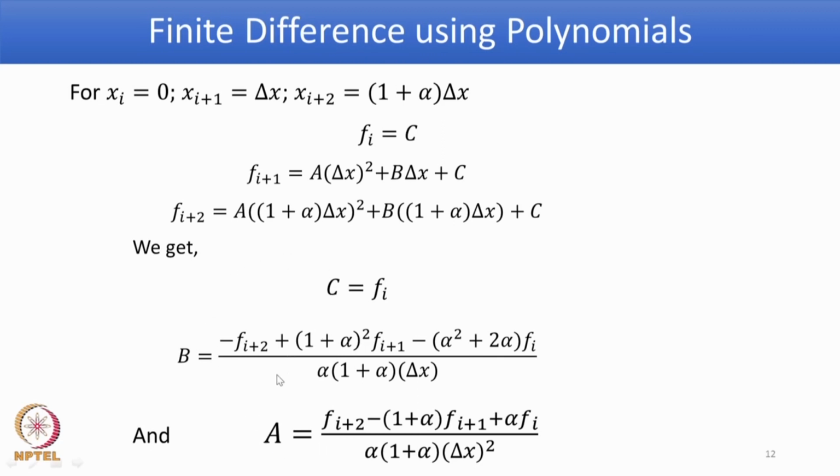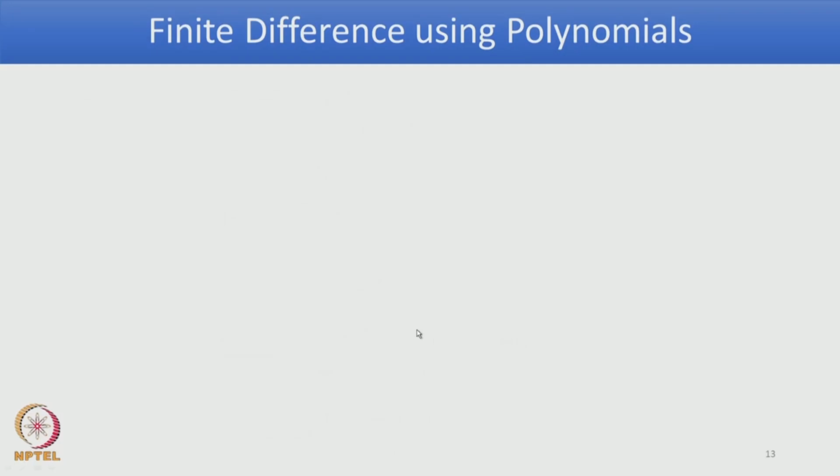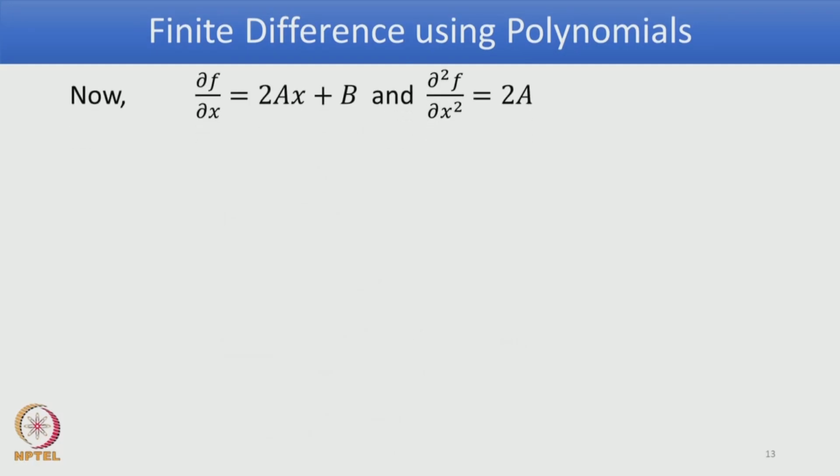So, we use these values c, b and a and substitute in the polynomial expression that we have considered. For the first derivative, it reduces to 2 a x + b. For the second derivative, it reduces to 2 a. So, we substitute for a and b.